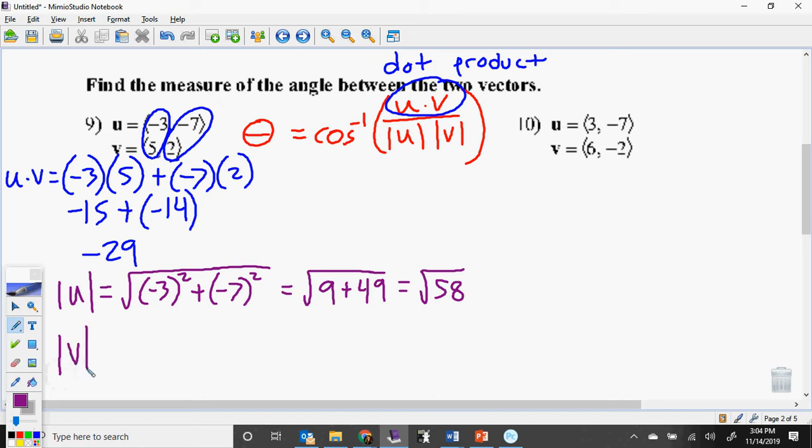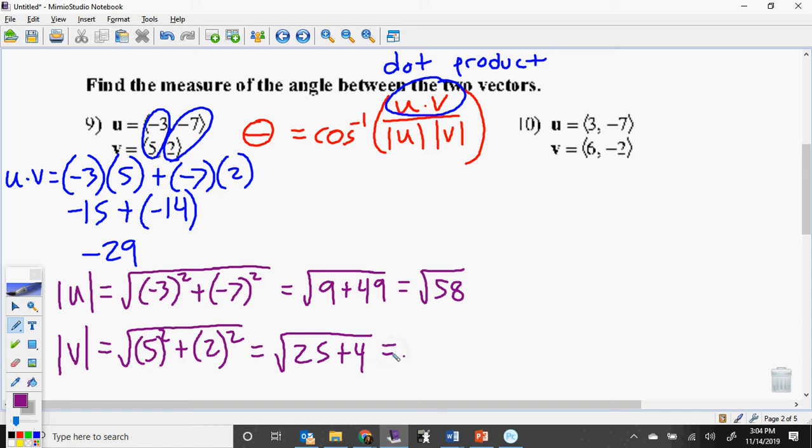Magnitude of v, square root of 5 squared plus 2 squared, 25 plus 4, or the square root of 29.